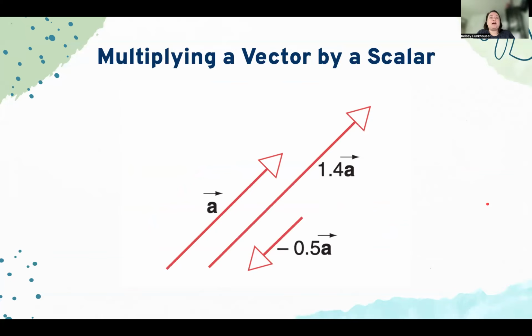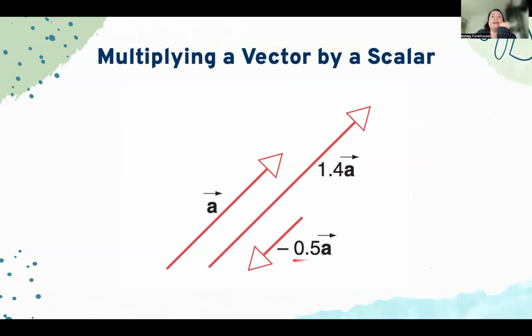And so a vector has a magnitude and a direction. Like I said, magnitude is given by the size of the vector, direction is given by the direction of the vector. A scalar just has magnitude. So if you multiply a vector by a scalar, it only changes the magnitude, not the direction. That's what's happening here. Our vector is A, and this vector here is 1.4 times A, so the scalar is 1.4.